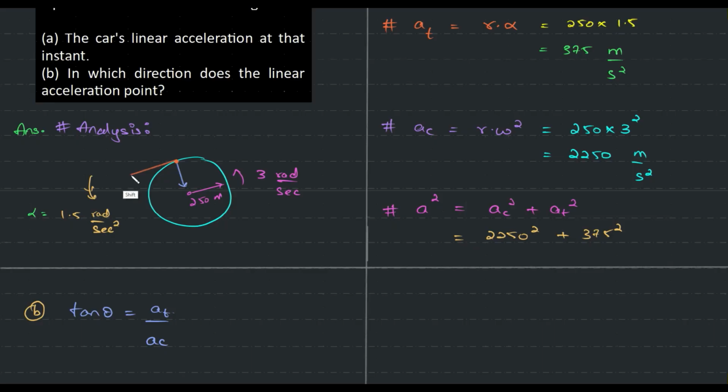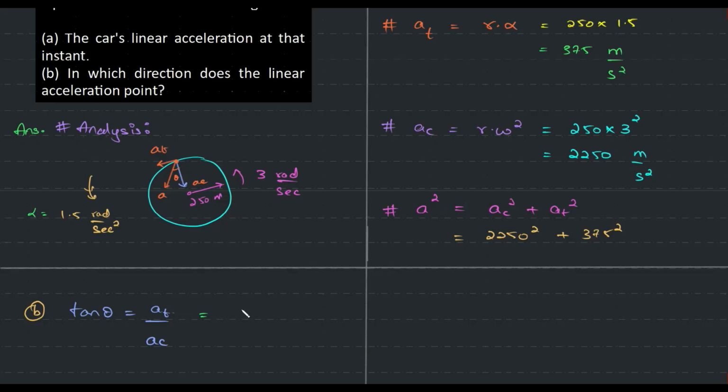The resultant is pointing towards this. This is your theta, and that's your A. So opposite is your A_T, and this is A_C.